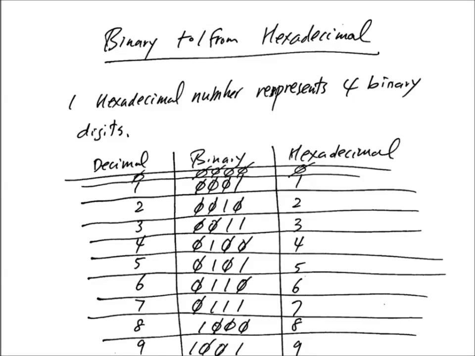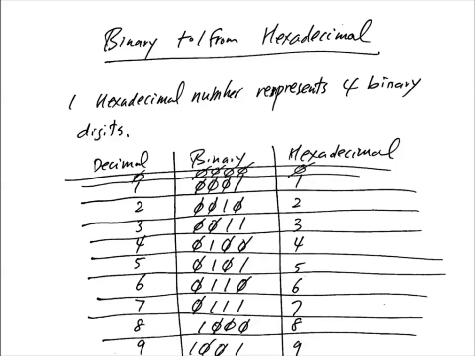Alright, so let's take a look at the relationship between binary numbers and hexadecimal numbers. Even though the binary number system is very convenient to represent any bit patterns in computing, it's very uncomfortable and inconvenient for humans. When you have so many zeros and ones, we simply cannot remember those types of numbers.